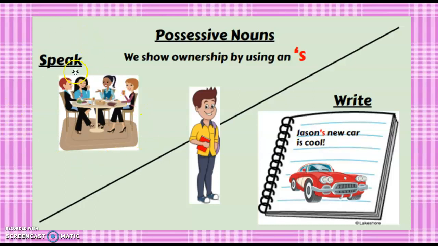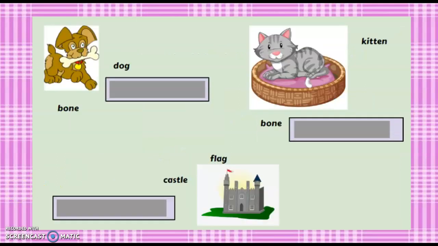If we were sitting around talking with our friends and I said, Jason's new car is cool, of course we don't hear the apostrophe, do we? But anytime we are writing things to show that the car belongs to Jason, Jason's new car is cool, in writing, we have to put that apostrophe S to show that this car belongs to Jason. So we don't hear it in speaking, but we definitely need to put it in writing.